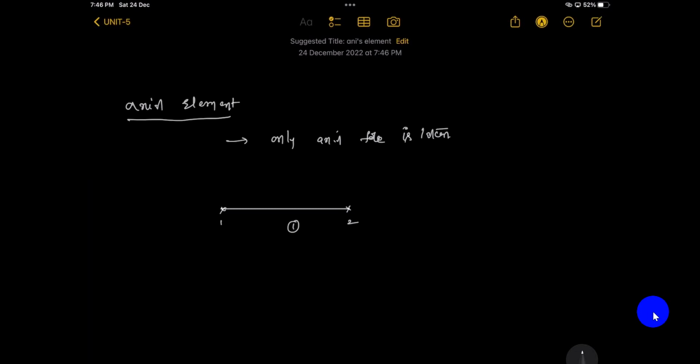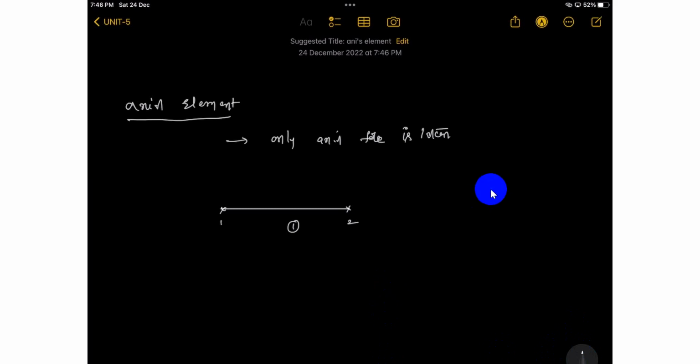We will write the stiffness matrix for this. With two nodes, the kinematic indeterminacy is 2. So u1 and u2 are the nodal displacements.